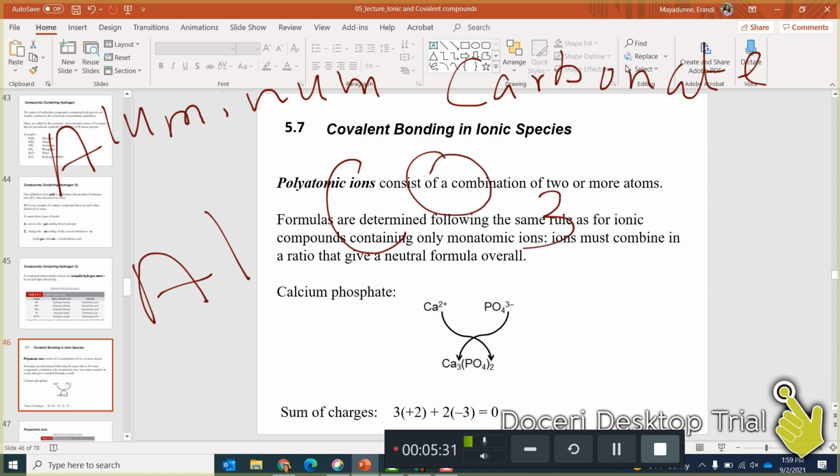You know aluminum charge is 3, carbonate charge is 2. Put the 2 here. Aluminum 3, you put the parenthesis because that 3 belongs to the whole compound, 3 outside. This is how you write aluminum carbonate.